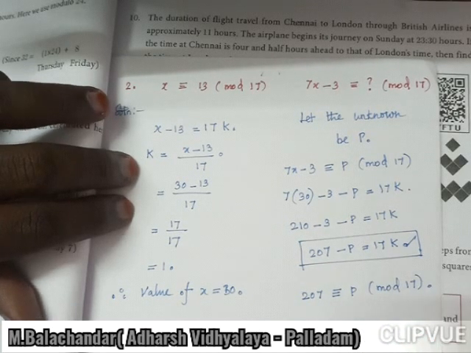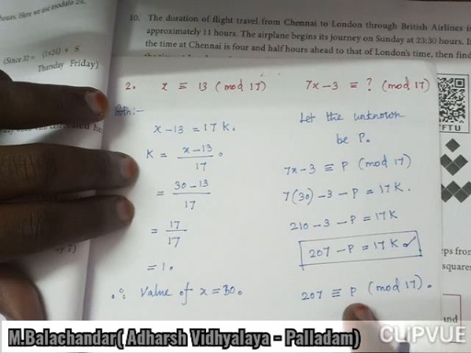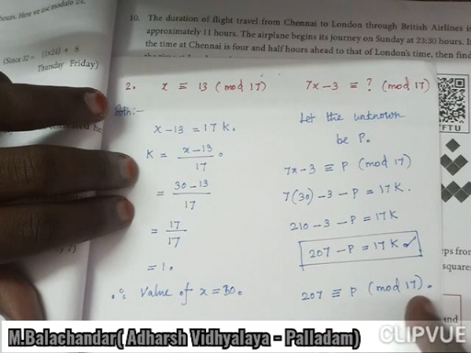Can we write 207 congruent to p mod 17? So the value of p, when we divide 207 by 17, what does it leave?